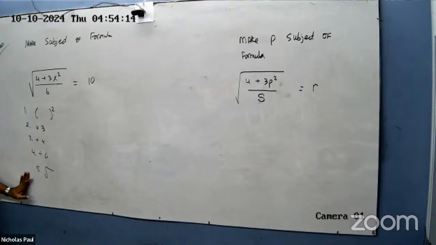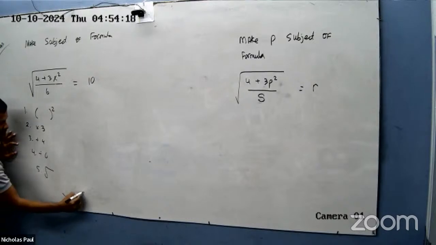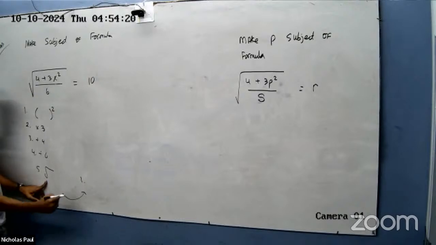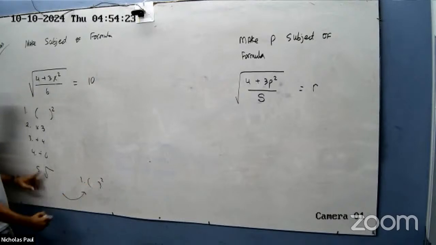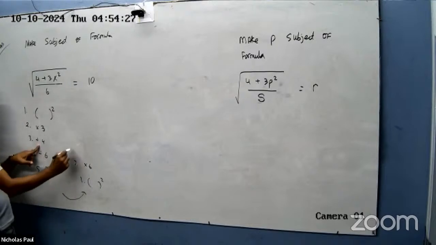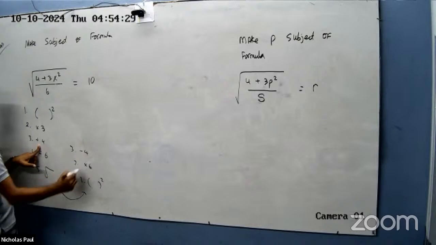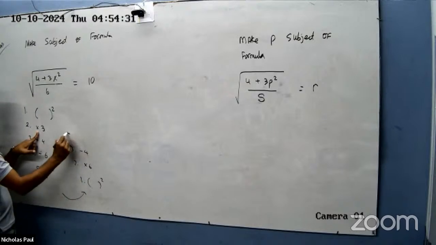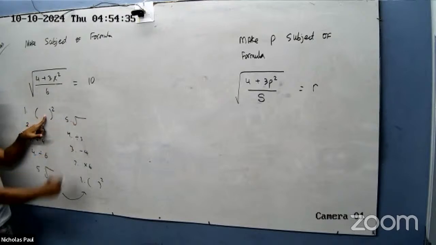And what's the reverse of this? The reverse of this is squared. The reverse of this is multiply by 6. The reverse of this is divide by 3. And the reverse of this is square root.